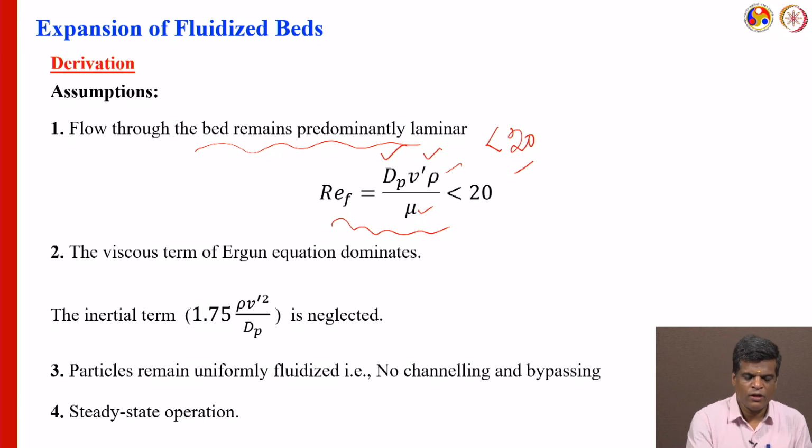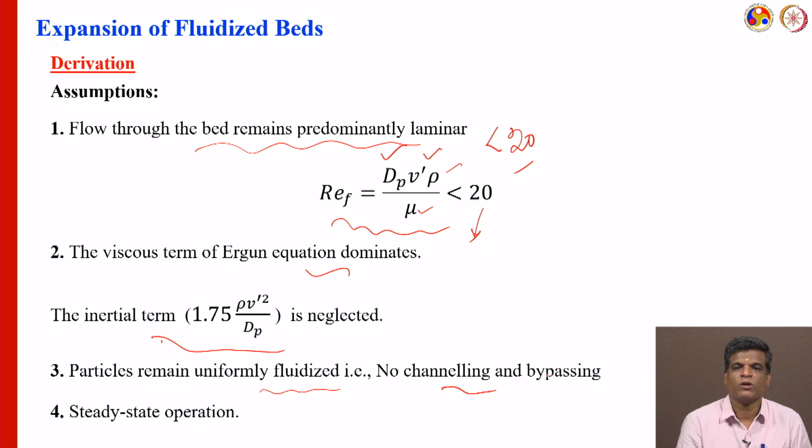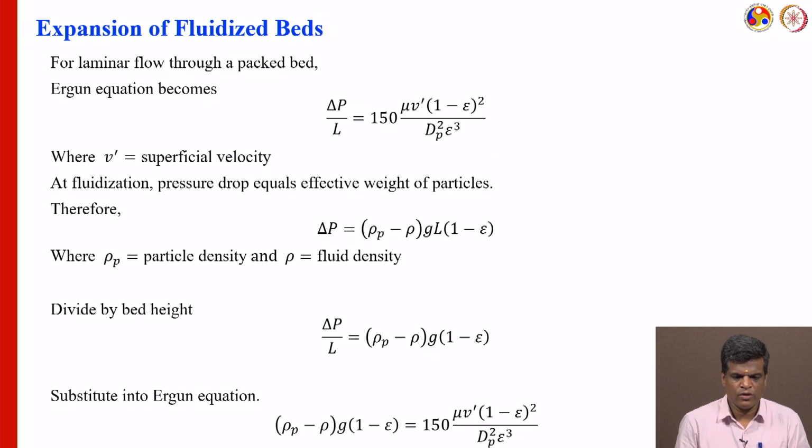Since the Reynolds number is low, the inertial term is neglected and we only take the viscous term here. The particles remain uniformly fluidized, there is no channeling or bypassing, and it is a steady state operation. This equation we already got from the previous Ergun equation, because we only add the viscous term and not the inertial term here.